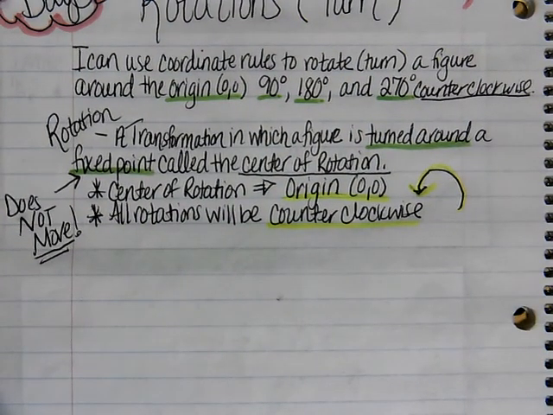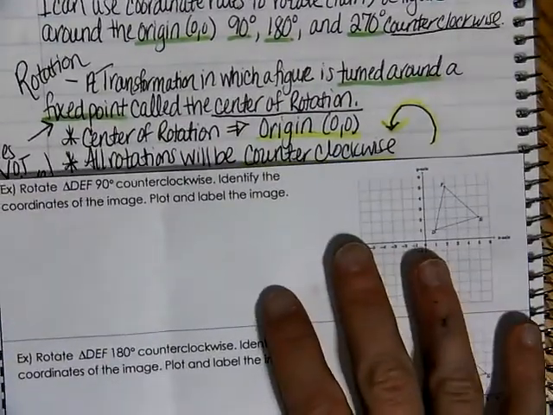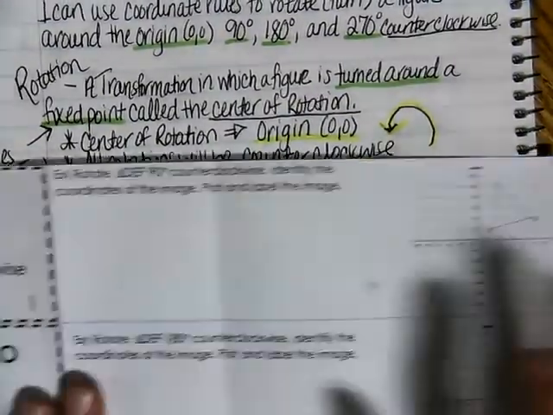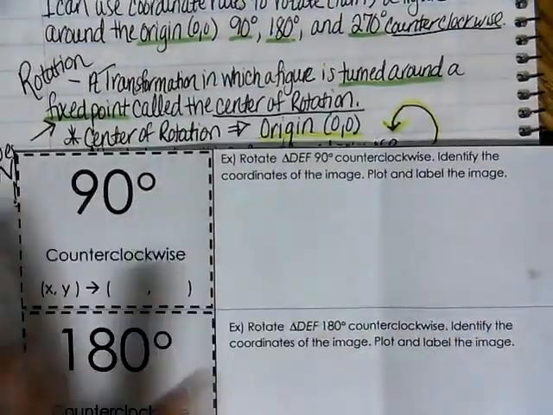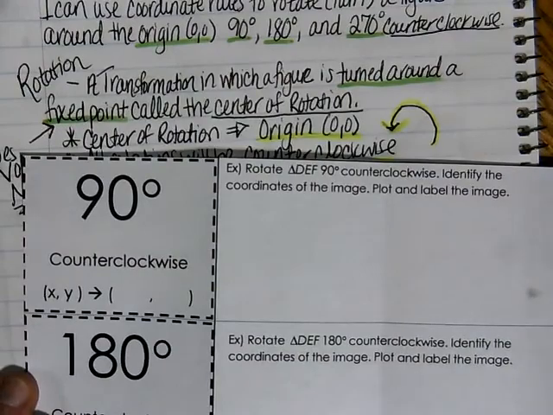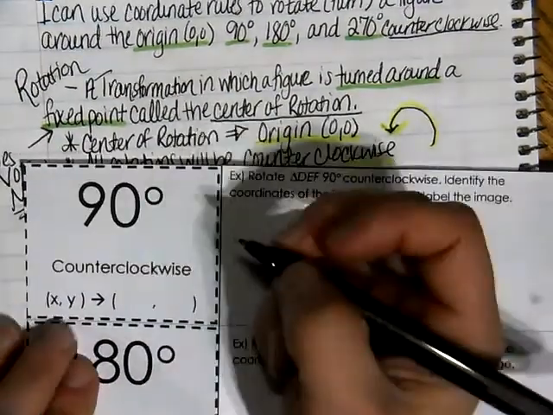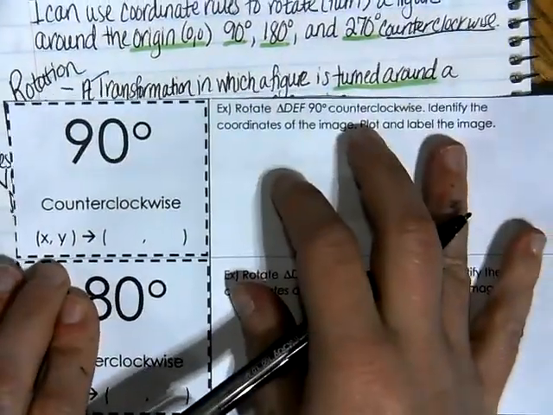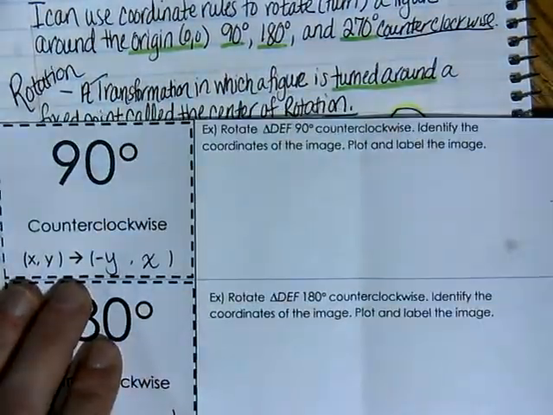All right, let's go ahead and look at our cutout for today. There are 3 different types that we are going to be talking about. The first one is called 90 degrees. And our rule for 90 degrees is the following: (x, y) changes into (-y, x).